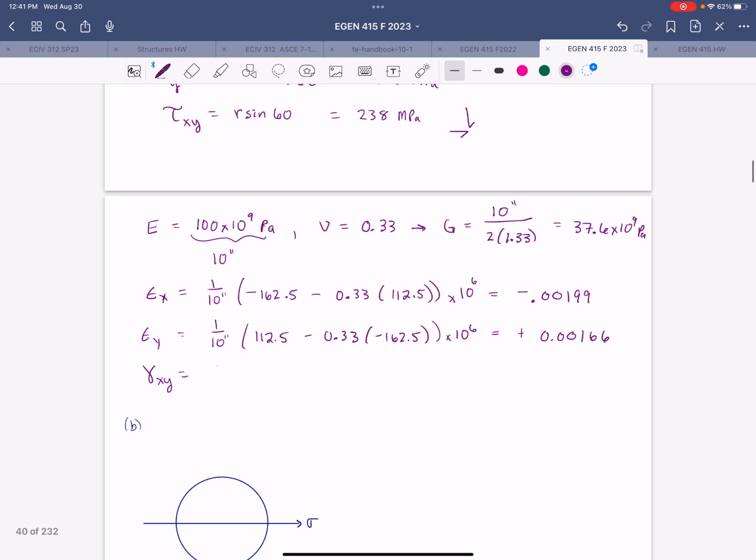And then for shear strain, we take 1 over G times tau xy. We're plugging in a negative value here because we interpreted our shear as negative from Mohr's circle, so negative 238 times 10 to the 6. And that gives us negative 0.0063 radians.